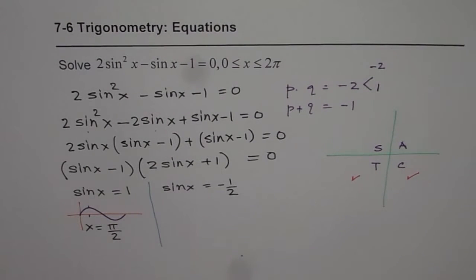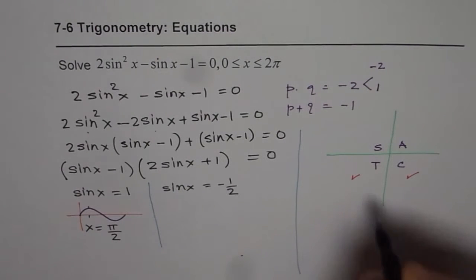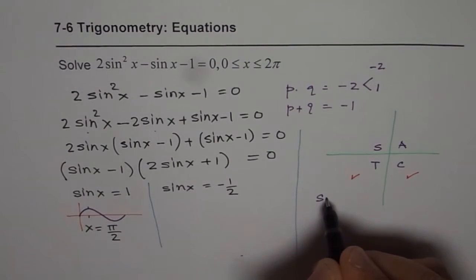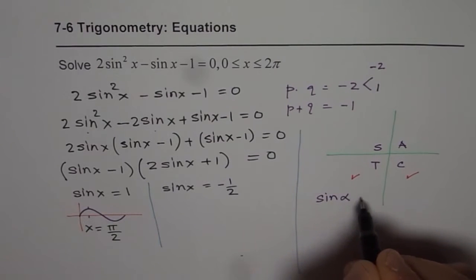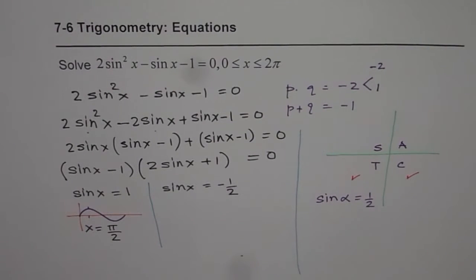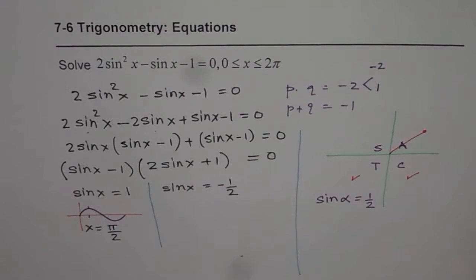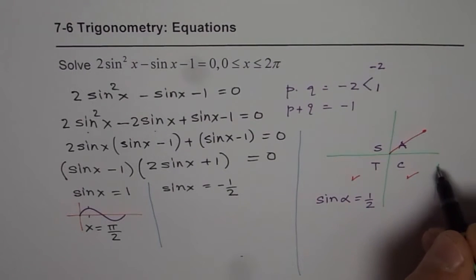So what we will do is find the solution for sine of alpha equals half. That is, we're looking for an angle in quadrant 1. Okay, you can also use your special triangles, correct? The special triangle can give you this answer.